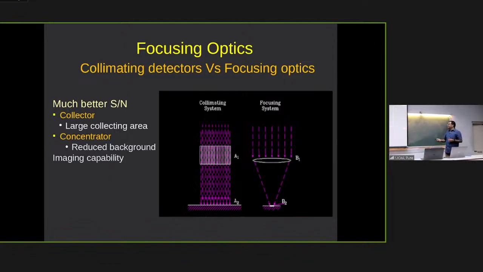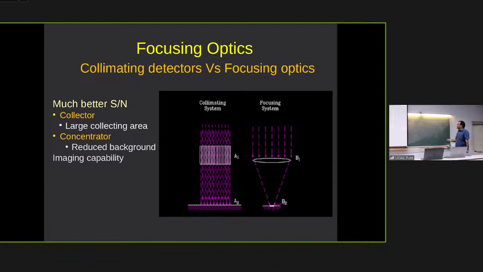Once you collect these photons, you focus them onto a detector, which is essentially a concentrator. The smaller the detector, the smaller your noise level; if the detector is large, your noise level is high. So that way you reduce the noise level, and of course you can also image.